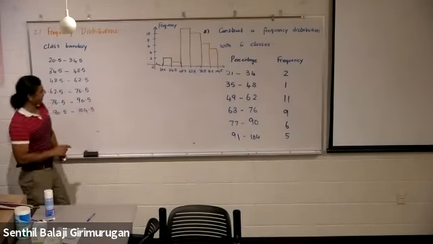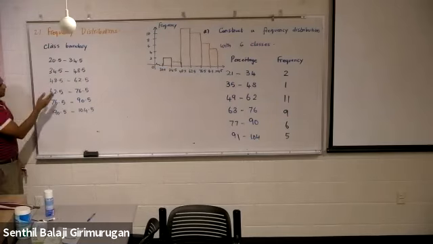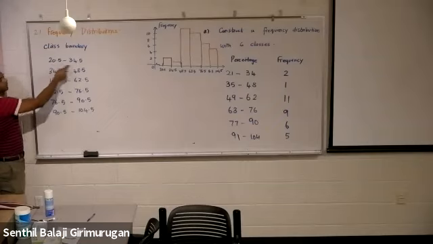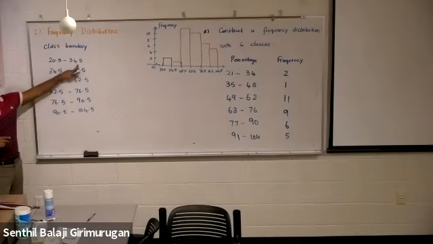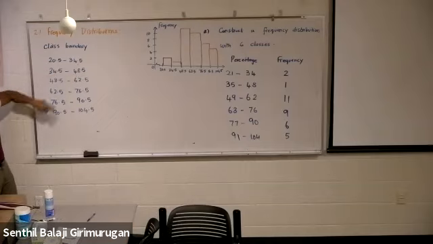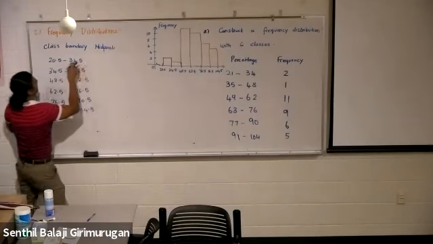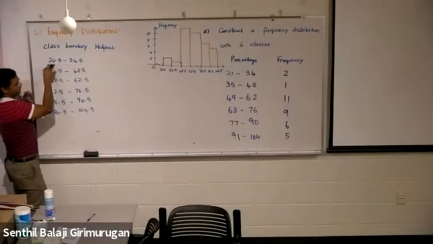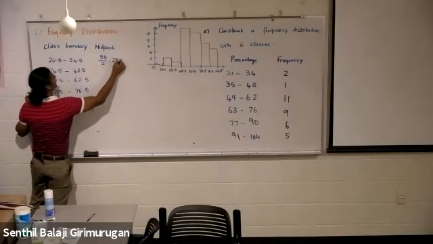So what we can do is find something called the midpoint of each class. In other words, we're trying to find the center of those two. Like, what is the center of 20.5 to 34.5? 27.5. How did you get that? You add these two and you divide by 2. So the midpoint: 34.5 plus 20.5 is 55, divided by 2, 27.5.